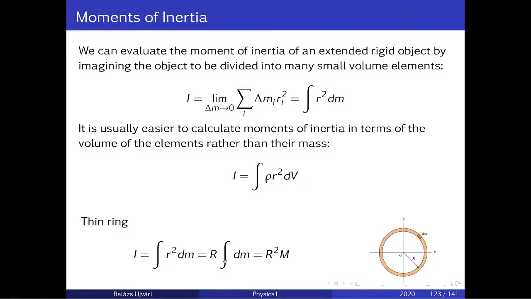And it can come out of the integral, since the radius doesn't depend on the position where I am on the ring, and the rest is the integral of dm. You can write here 1. So if you integrate a constant 1 according to dm, that will give you the capital M, the mass of the full body. So the moment of inertia of the free ring is nothing else, just multiplying the M with the square of the radius.